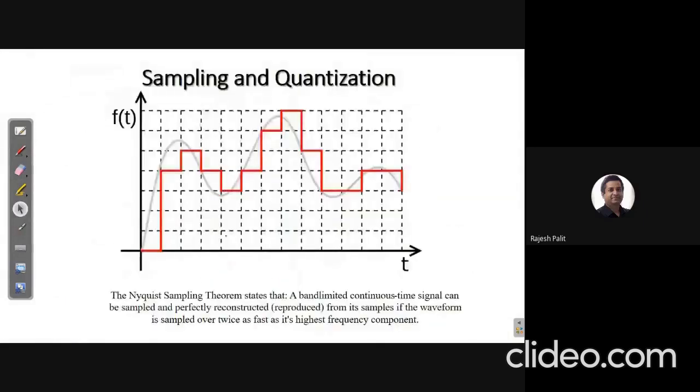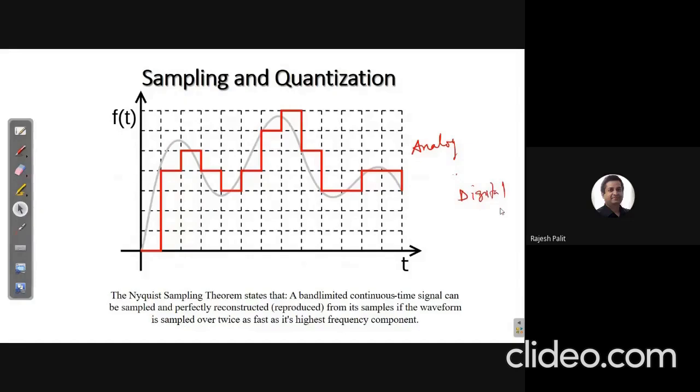So this gray color is the original analog signal, and the red color is after quantization. From the analog signal we do the digitization, to get digital form, and you need to remember that it is not the true representation of the analog signal.